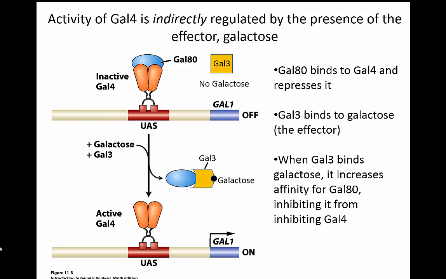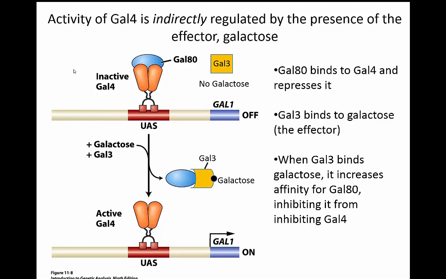And the way it responds to galactose is rather indirect. Gal4 is the transcriptional activator protein that actually binds to the enhancer, but Gal4 is not the protein that actually also detects the presence of galactose. There's another protein that does that, and we'll get to that in a minute.